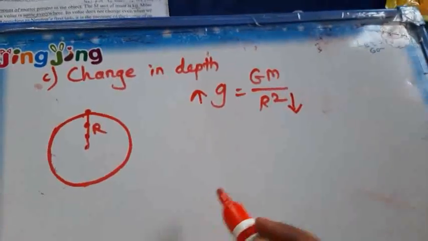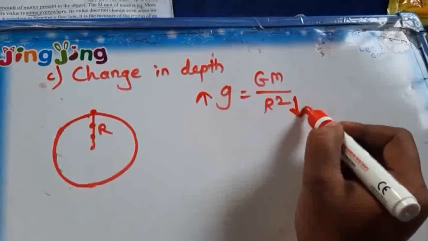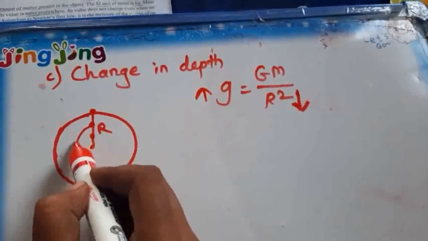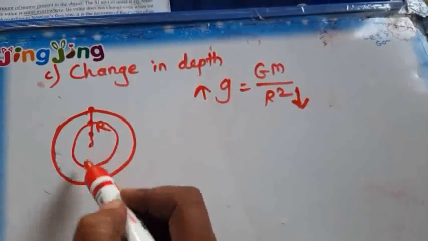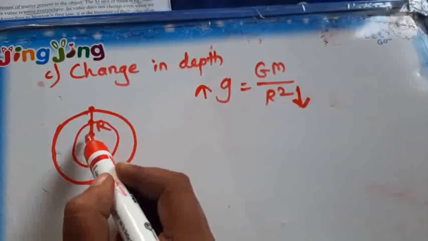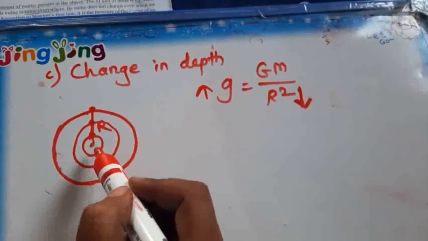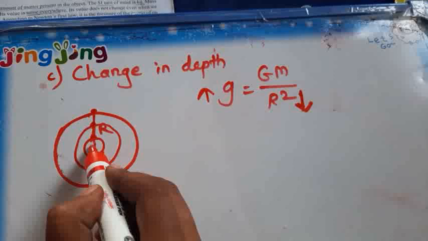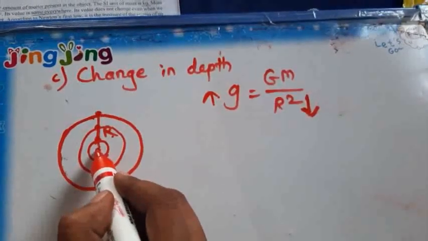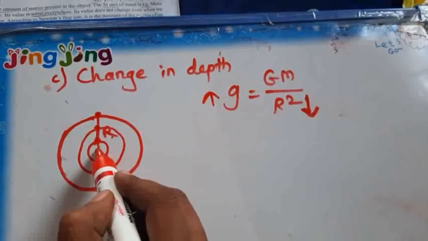Why? Because when this radius is decreasing, suppose you are at this point inside the earth. At that point earth will be of this shape, so its mass will also be reduced. Again suppose you are at this point, its radius will decrease, and at the same time mass will also decrease. And when you reach the center, what will happen? The radius will become 0 and the mass of earth will also become 0.